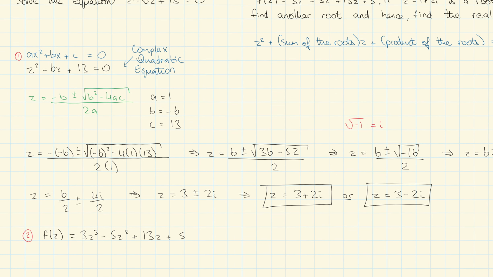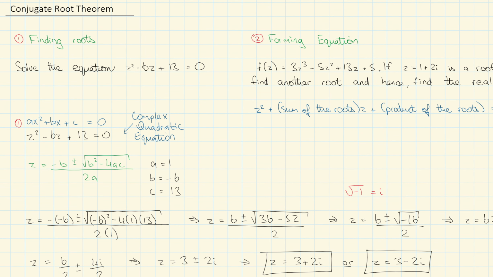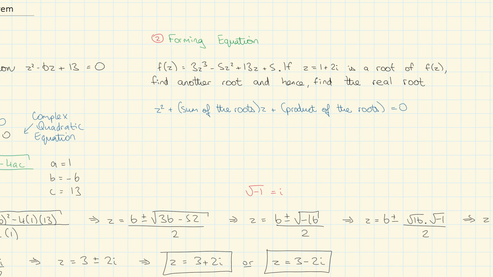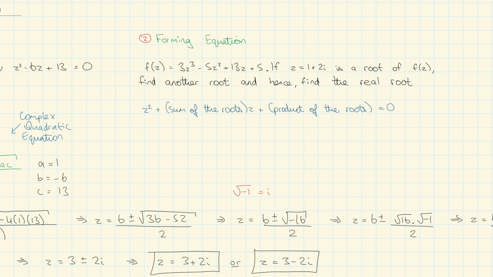So the conjugate root theorem tells us that, so here we have 1 plus 2i, they tell us it's a root. The conjugate root theorem tells us if a plus bi is a root of an equation, then a minus bi is also a root.